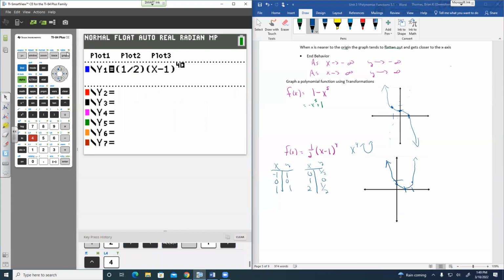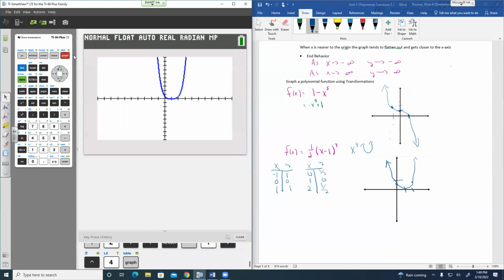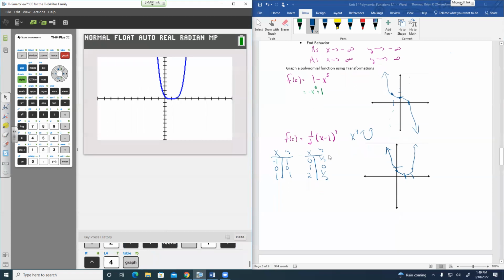If I hit the graph button, I should get what I sketched over there, just a much smoother graph. Okay, so your graphing calculator can also help you verify your transformations. That -1, since it's on the inside, is going to make it move right one. And that 1/2 is just going to make it get closer to the x-axis, that's called a vertical compression.